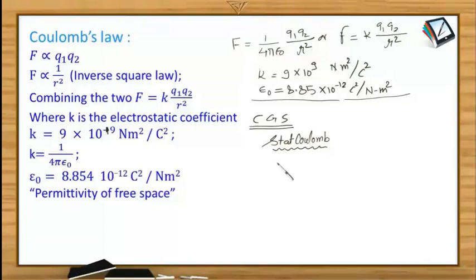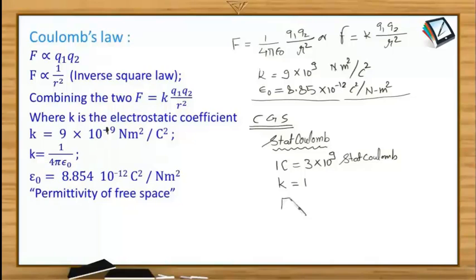That means we have assumed 1 coulomb equal to 3 into 10 raised to the power 9 stat coulomb. And if we use Coulomb's law in CGS system, then automatically the value of this electrostatic coefficient becomes 1. So just remember this, it's very important. Suppose some question is given in CGS system, then you must know that K is 1.